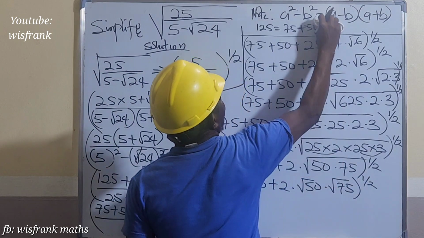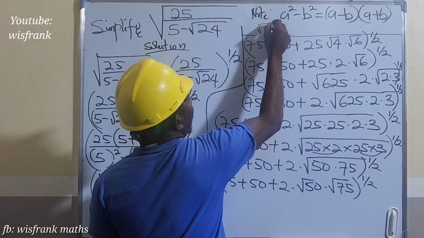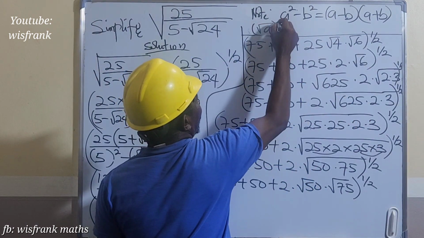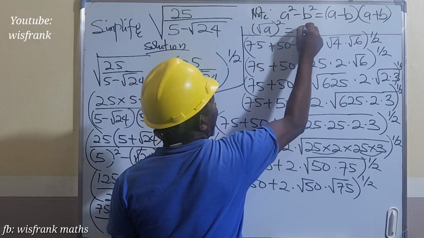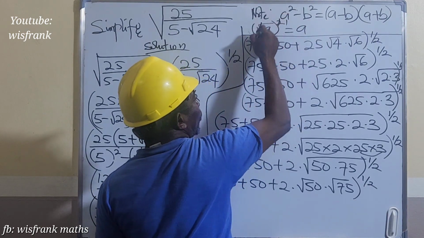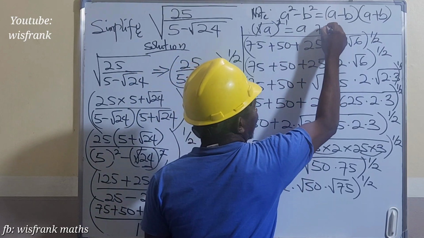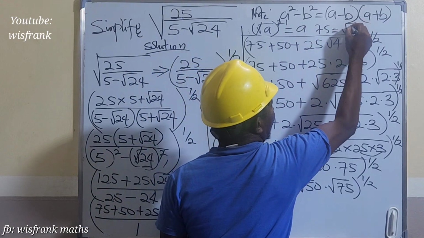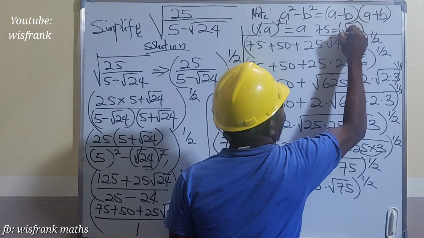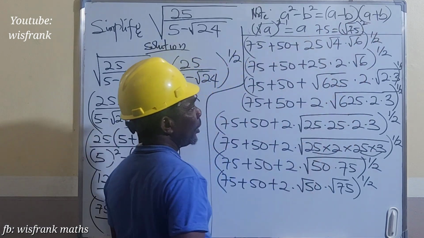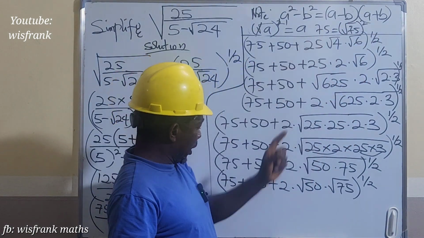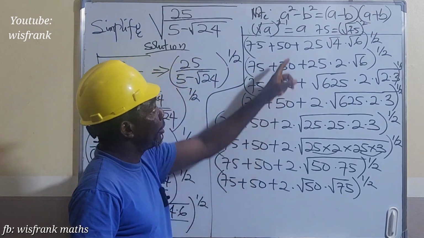But if we say we have something like square root of a all to the power of 2 is the same thing as a, because 2 will cancel here and 2 will cancel here, it will become a. So if we have 75, it is the same thing as square root of 75 all to the power of 2. You see the same thing. So we are going to substitute this, expressing this 50 and 75 in this format.